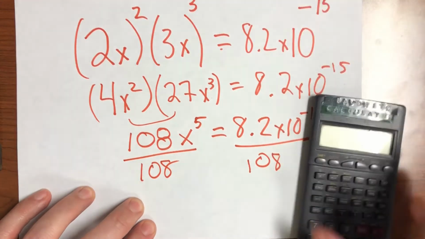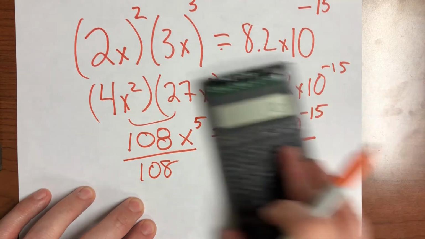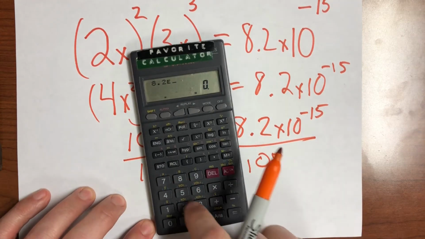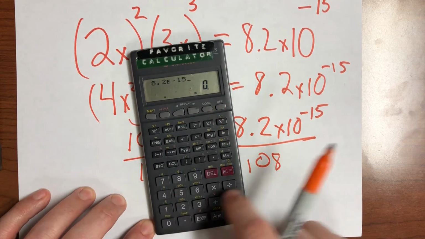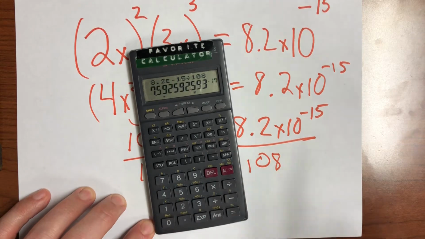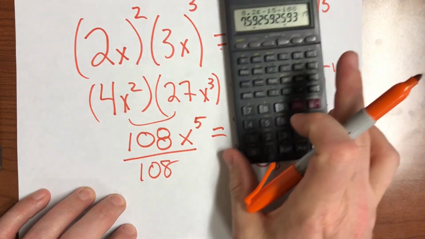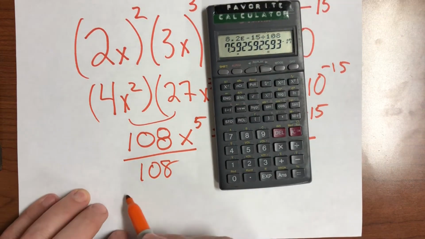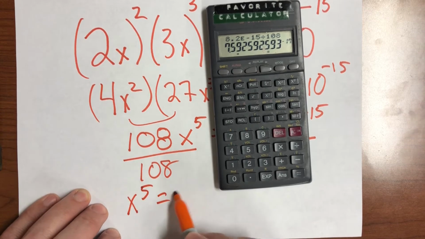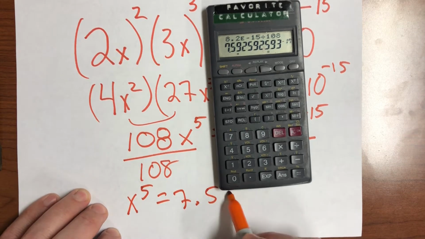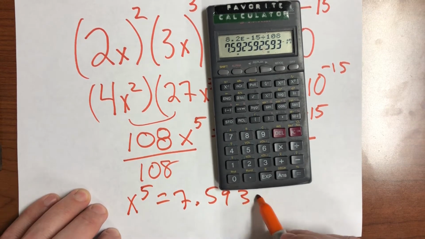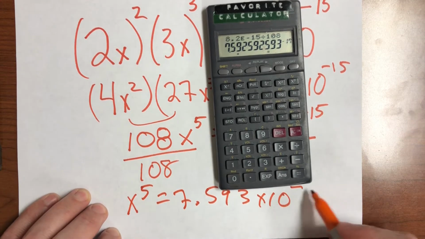And I'm not going to try to do this one in my head. So 8.2 times 10 to the negative 15th divided by 108 is 7.593, we'll call it, times 10 to the negative 17th. So x to the 5th equals 7.593 times 10 to the negative 17th.